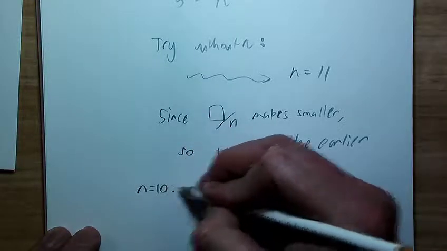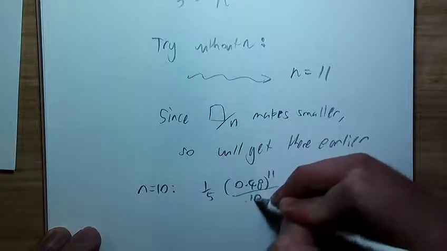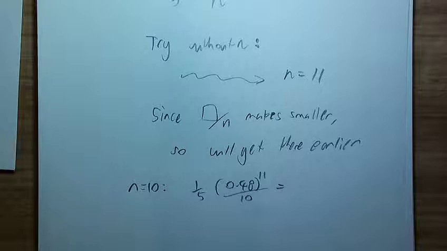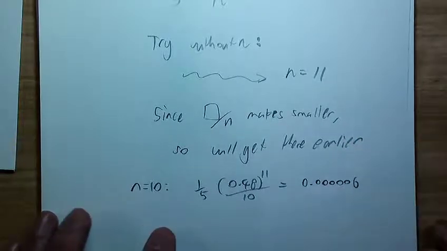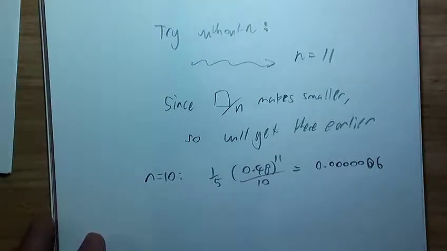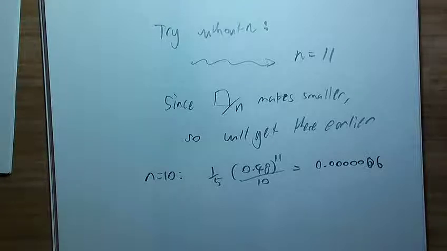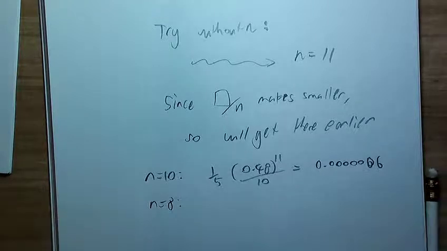N equals 10. 1/5 of 0.48 to the 11 over 10 is 1, 2, 3, 4, 5, 6. And so I'll keep trying. I might even skip a couple because that's really quite small. Let's try it with 8.